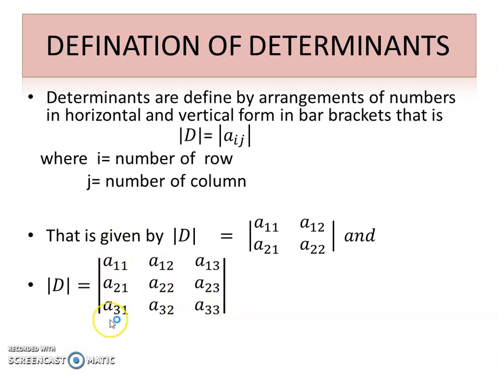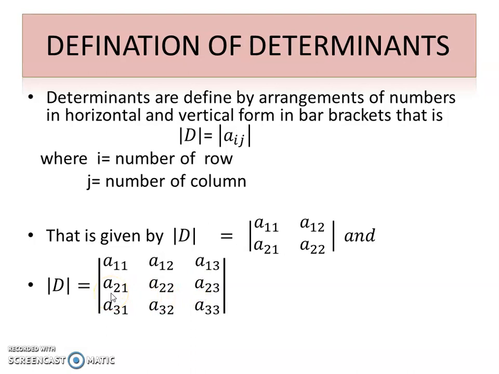These lines indicate the first column, the second column, and the third column. Here A11 indicates first row first column, A12 indicates first row second column, and A13 indicates the element available in the first row and third column.